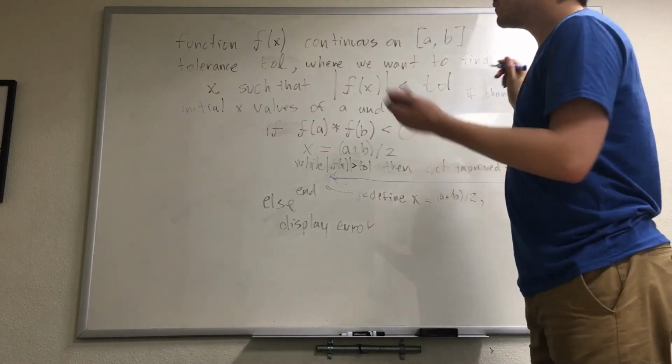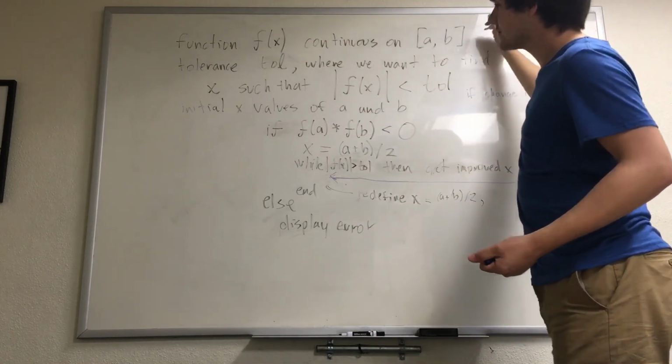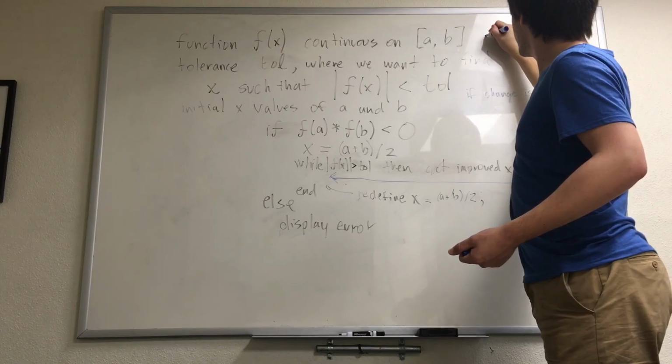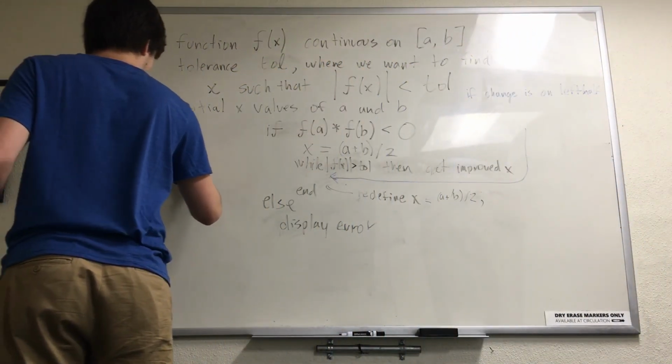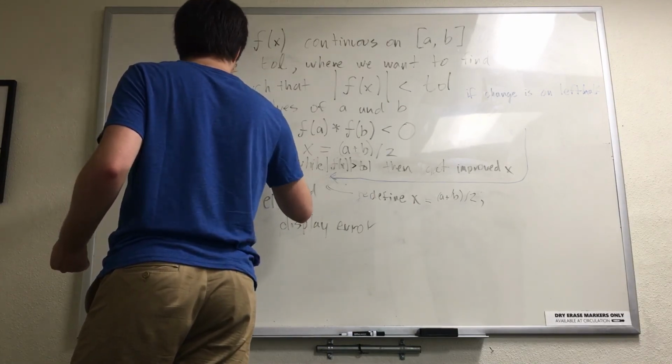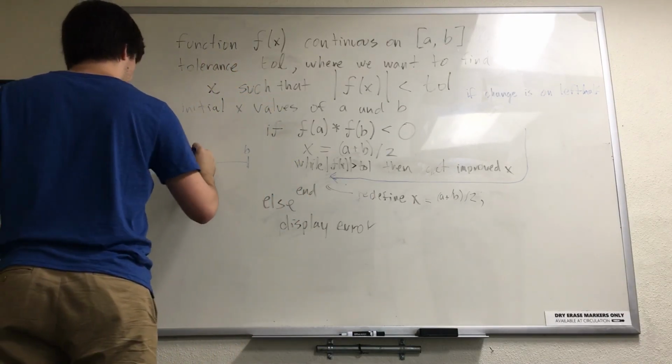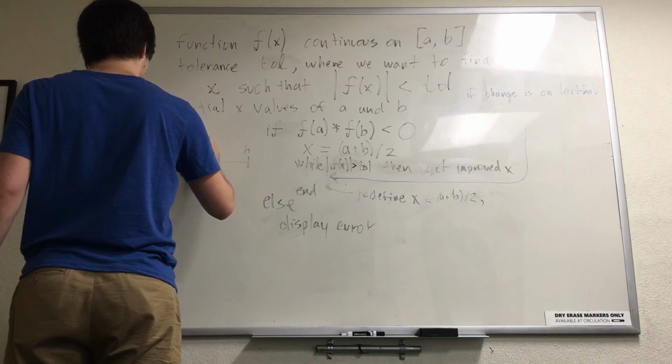So like here, let me sort of draw this. You have the interval where a is on the left half and b is on the right half, and x is in the middle, right?